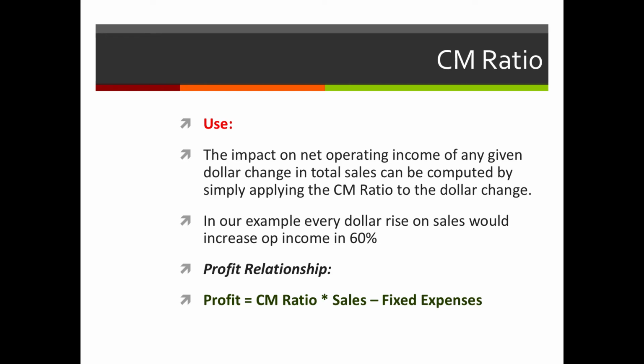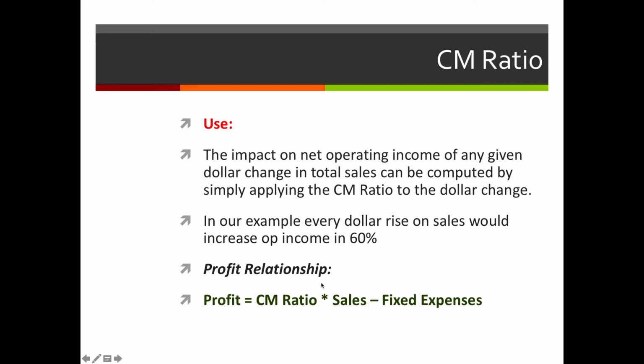The impact on the net operating income of any given dollar change in total sales can be computed simply by applying the contribution margin ratio to the dollar change. In our example, every dollar rise on sales will increase the operating income by 60%. So the profit relationship is the contribution margin ratio times sales minus fixed expenses, which will lead you to the profit.